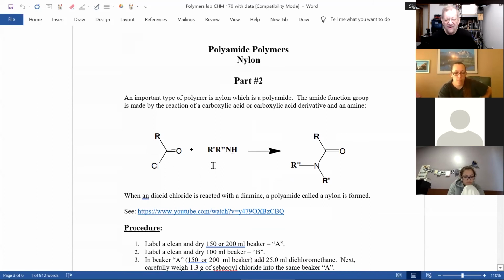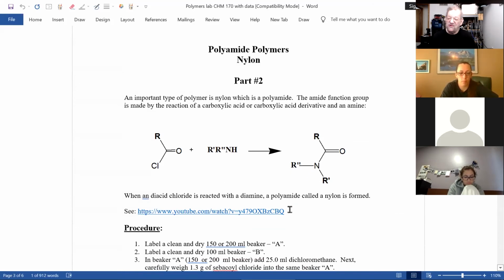Now, nylon is a reaction. Now, here I have an acid chloride. Think of that as like a carboxylic acid, but more reactive. And react it with an amine, you form an amide. Now, if I have an acid chloride and a diamine, I'll form a polymer that has many amide linkages.